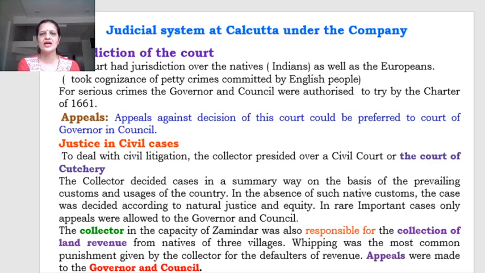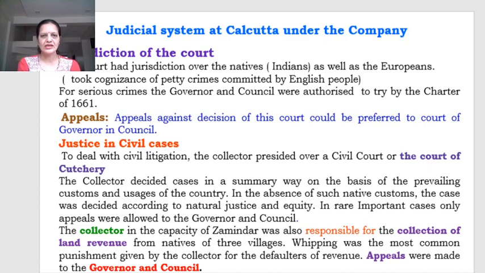म्हणजे समतेच्या न्यायाप्रमाणे the cases used to be decided. In rare important cases, only appeals were allowed to the governor and council. So this must be noted that only in rare important cases for civil appeals were allowed to the governor and council.